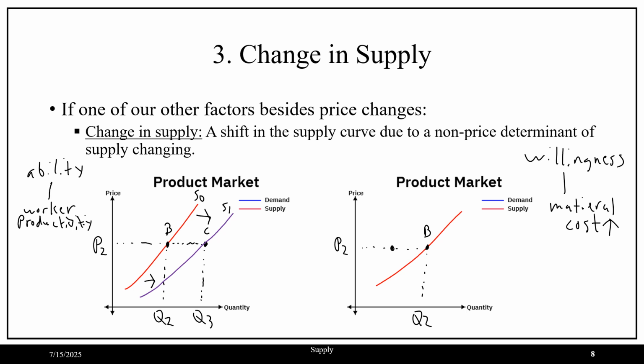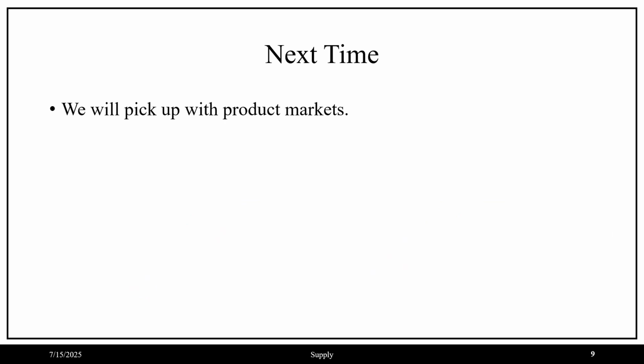So at the same price, P2, we're going to be making a Q1 amount. And the way that we can show this is price is staying the same, quantity is responding, willingness has changed, and we're going to see a leftward shift in the supply curve. So that's S1, this is S0, and then this is a leftward shift in supply. With that in mind, where we'll pick up next time is we will put supply and demand together on one graph.